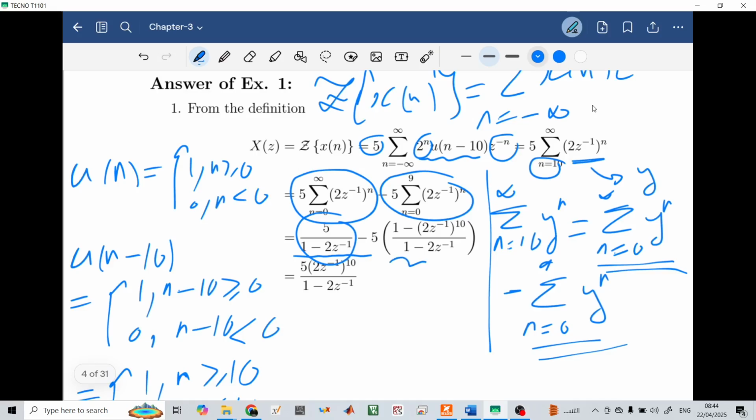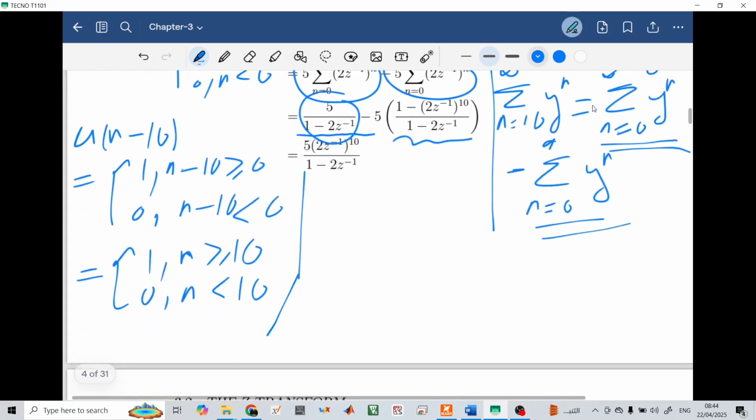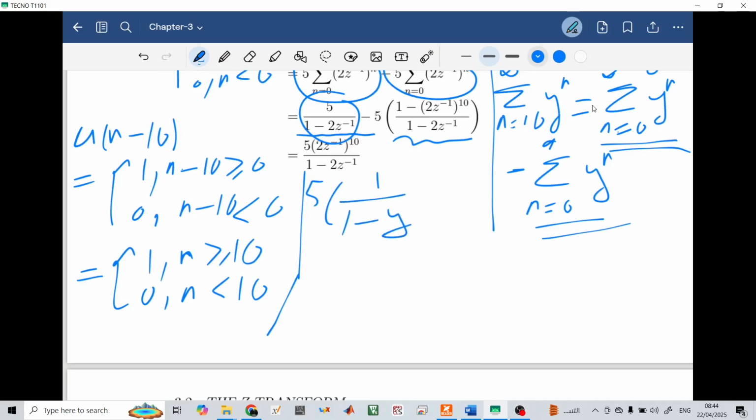So we just use the, okay, let's write it here again for easy recollection. So this should be 5 times 1 over 1 minus y, right?